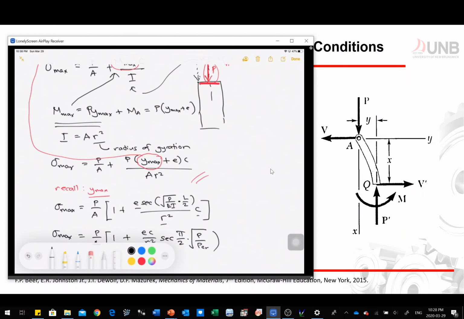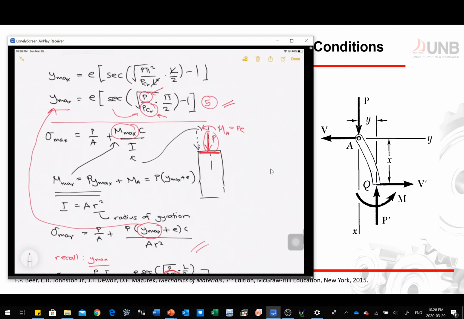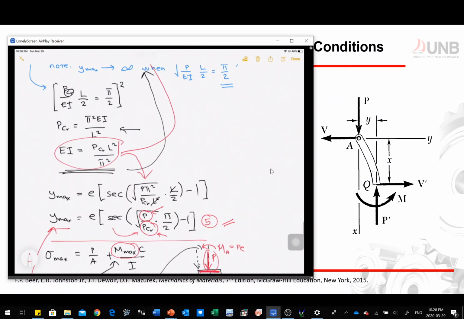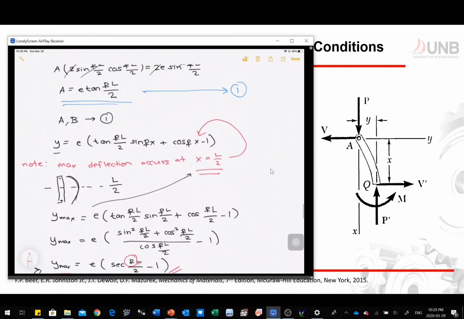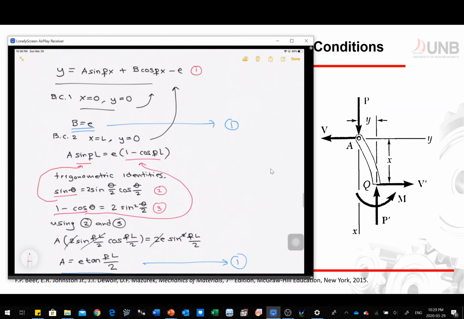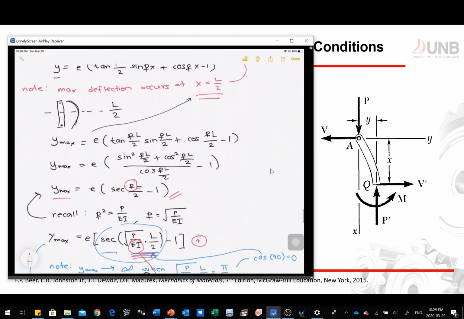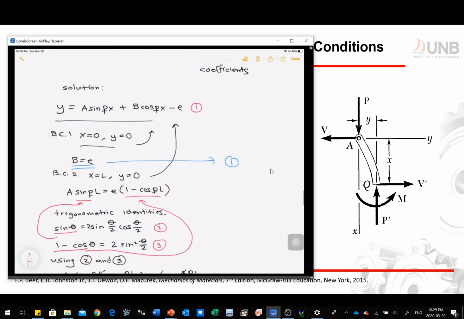And where did this come from? This part right here. Note that it comes from your E I again. If we look back at our derivation, we have something about E I here. Oops, it's far away. Sorry, I think it should be somewhere here.